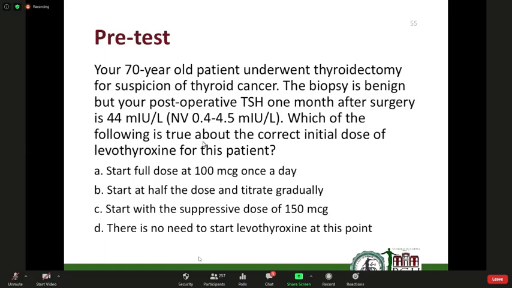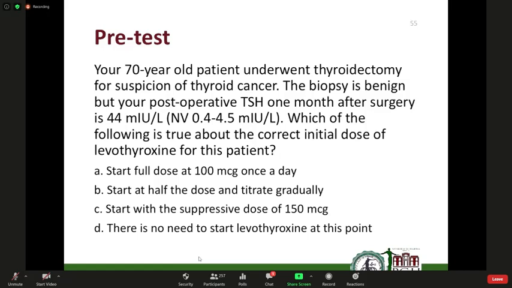Okay, so the first action point is, what is the diagnosis? It's post-op hypothyroidism, post-surgical hypothyroidism. Your TSH is high. And so do you want to treat it? Yes, of course you want to treat it. The treatment is 1.6 to 1.7 microgram per kilo. And because it's not thyroid cancer, it's actually just a benign biopsy result, then you just give a replacement dose.